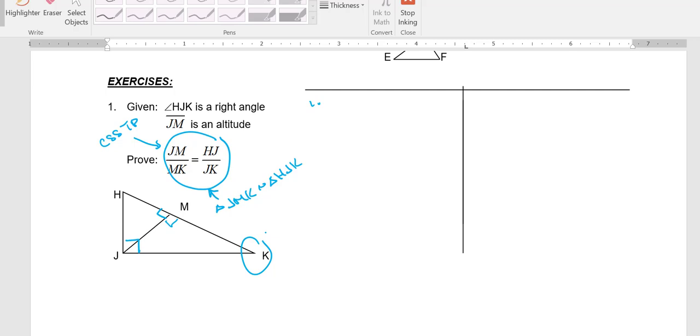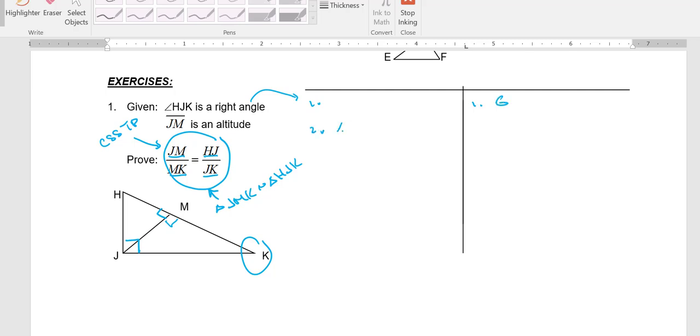The way I got that was I looked at these letters here. I got the JM and the MK, and I got the HJ and the JK, and I'm looking at which triangles those sides are part of. So I start out with this. That's my givens.